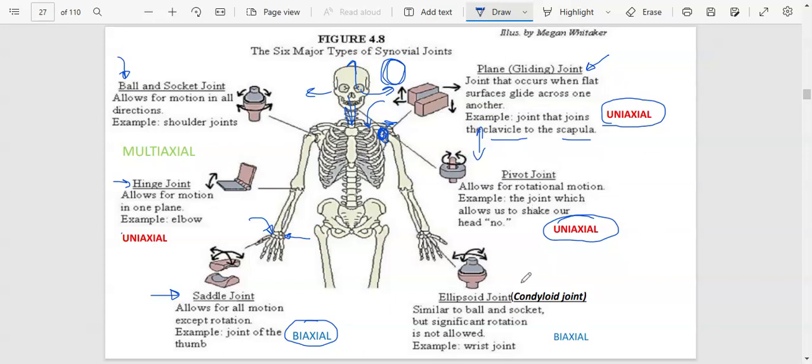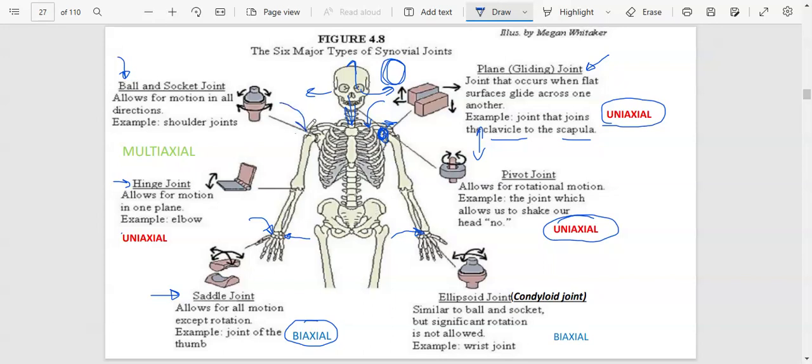We also have an ellipsoid joint or a condyloid joint. Now, this one is similar to the ball and socket, but significant rotation is not allowed. For example, the wrist joint, at this point here. You can shake your wrist, you can move your wrist, but the rotation is not much.